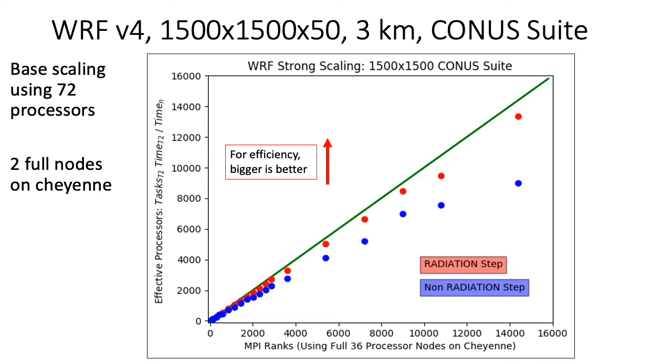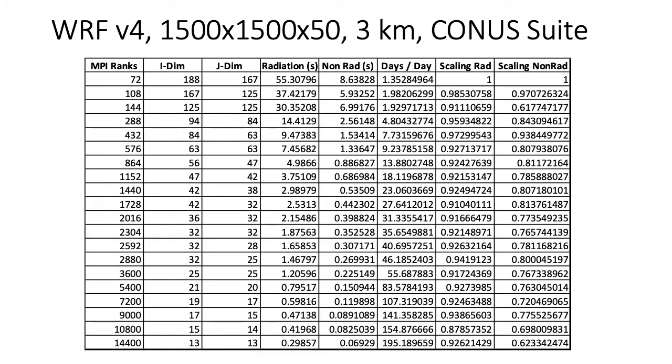The non-radiation time steps have much less work, and as you start making the subdomains smaller and smaller, the time for communication starts to become dominant. Here's a list of timings for MPI ranks and radiation and non-radiation steps, and it's simply useful to see how the scaling works out.